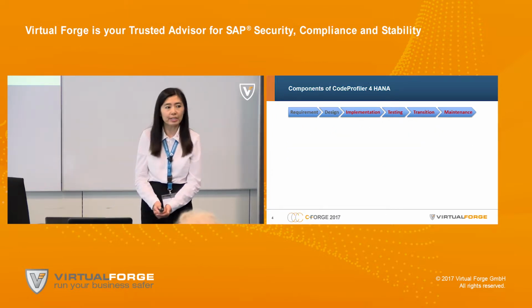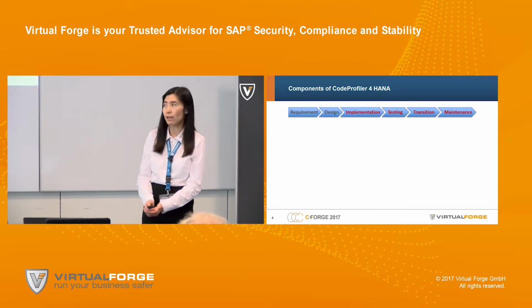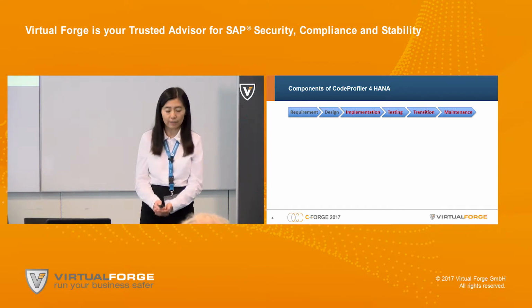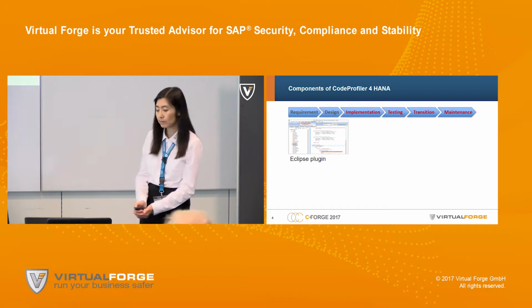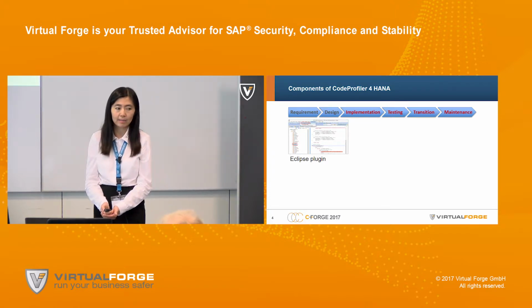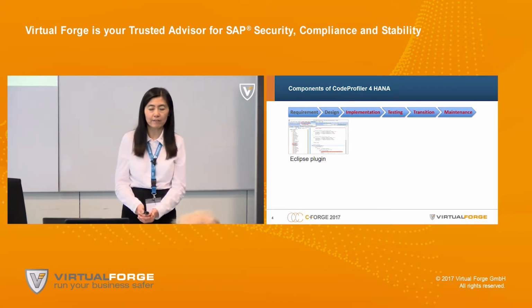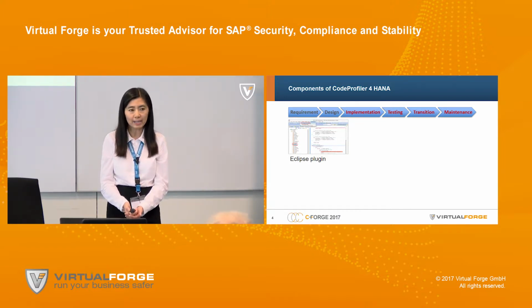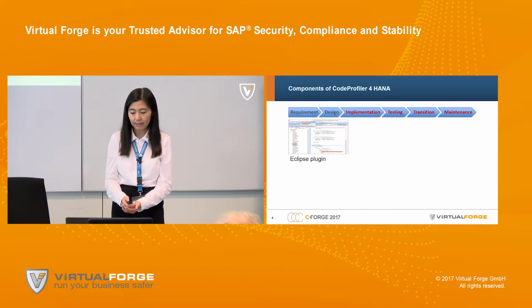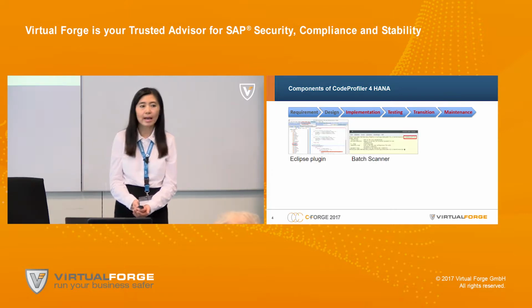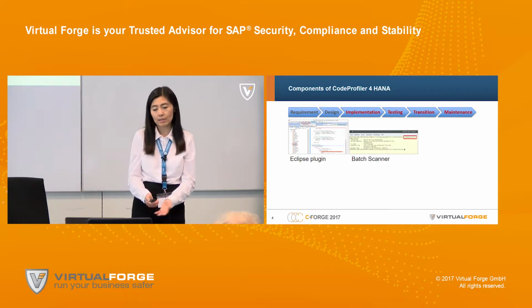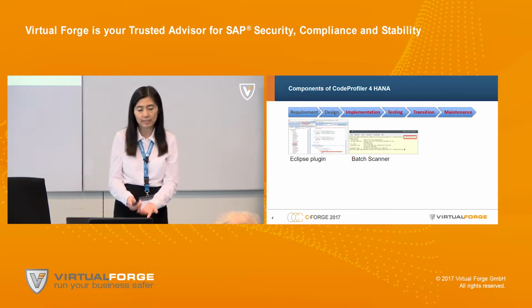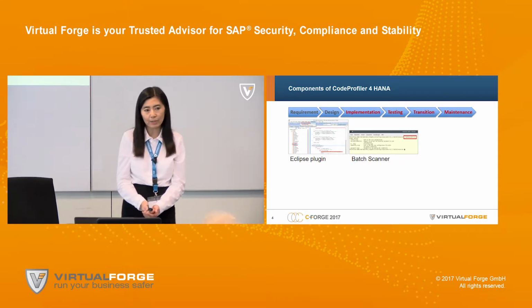I want to show you here the different components we have within our CodeProfiler for HANA. We have the Eclipse Plugin. This is very useful for the developer in their daily work. They can manually start a scan. And for your testing, for example, nightly build testing, you can use our batch scanner.